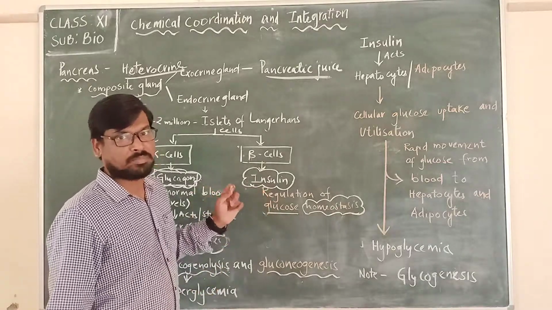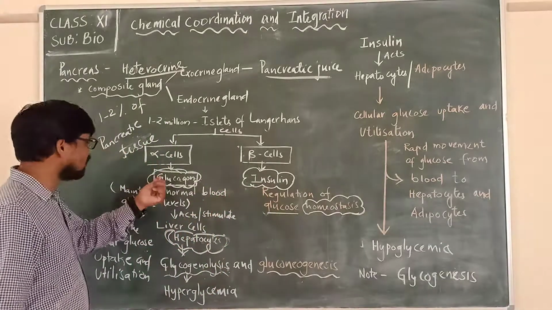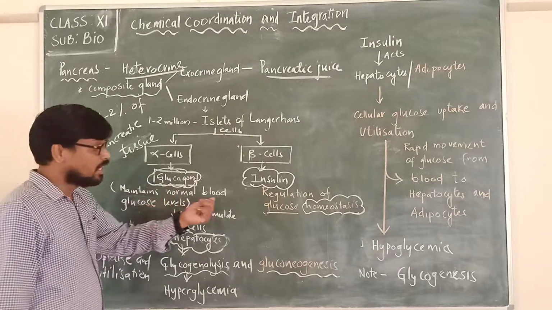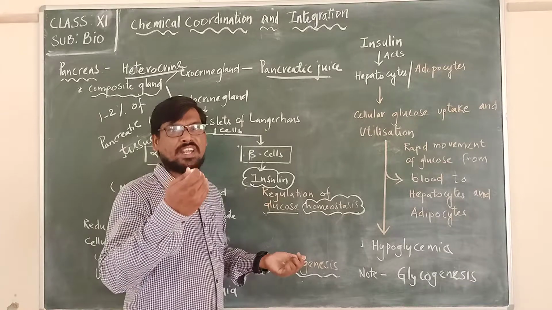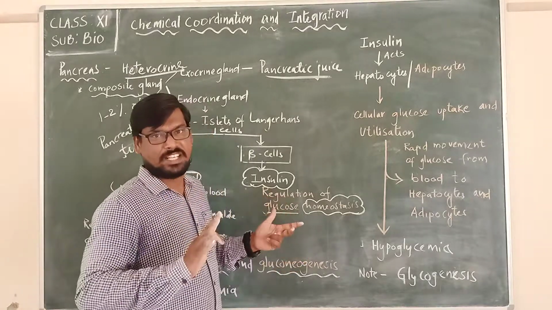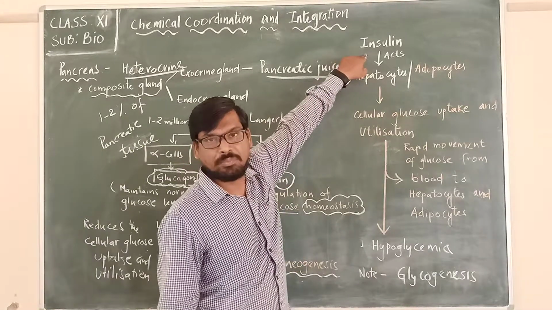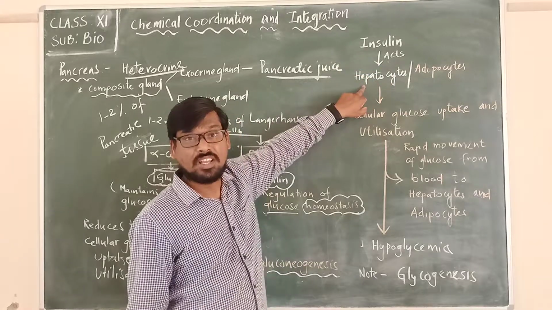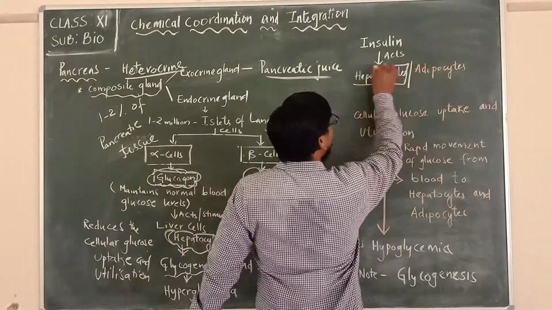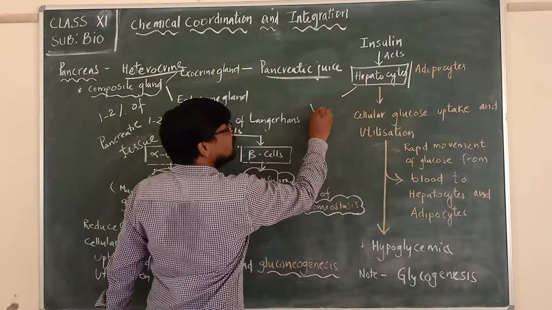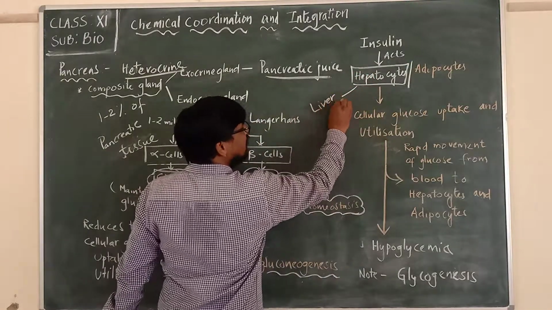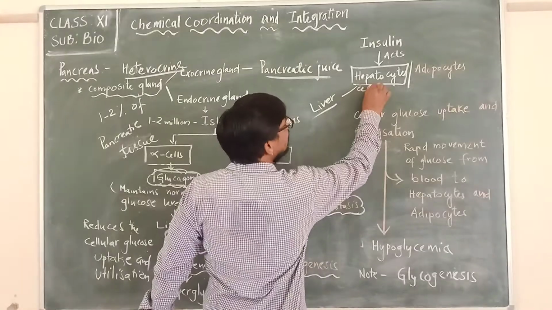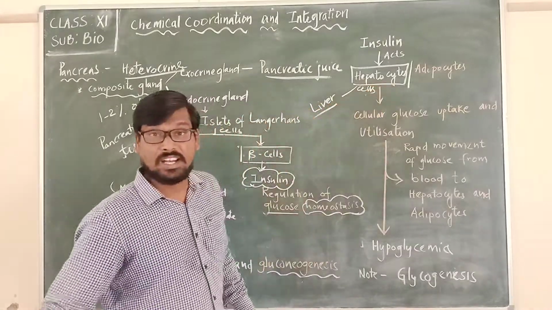And at the same time, when we were talking about glucagon, we said that it maintains normal blood glucose levels. It is regulating; it will not allow it to increase or decrease. Now insulin. Insulin acts upon the hepatocytes. Hepatocytes are the cells that, as we already came across, are present in what? The liver. Hepatocytes are the cells that are present in the liver.